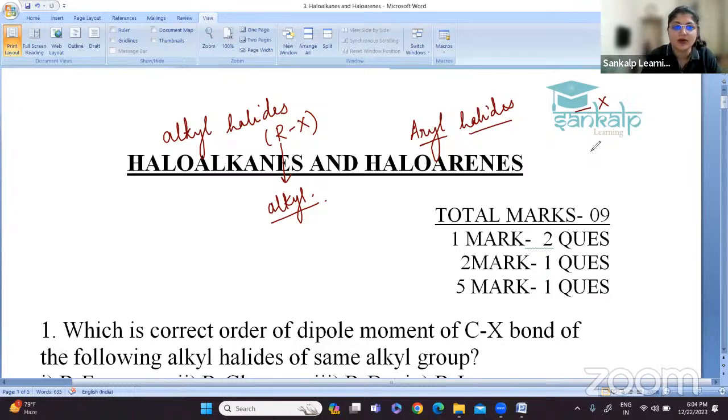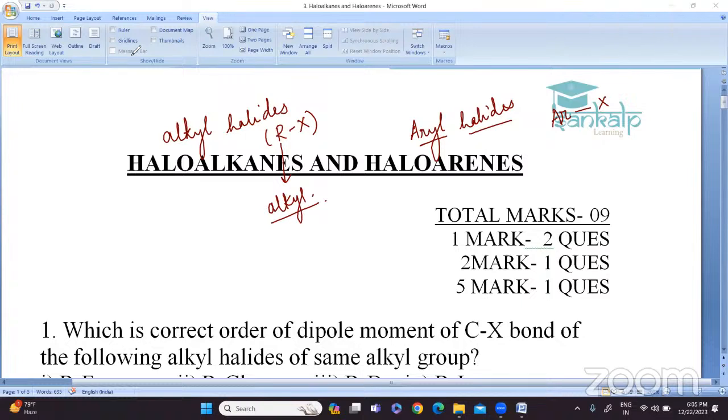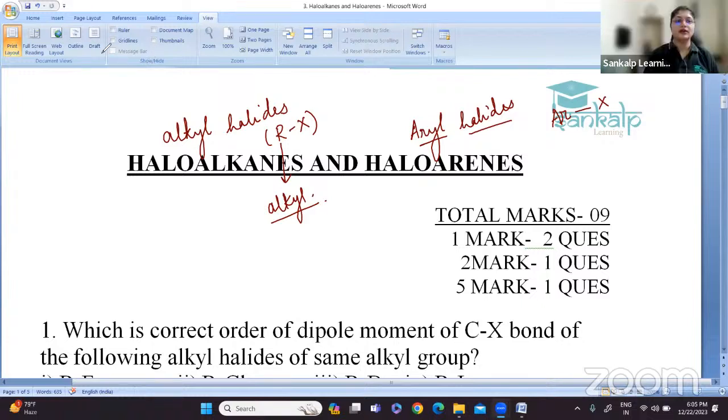So here the halogen atom is attached to an aromatic hydrocarbon in which one or more hydrogen atoms are replaced by halogen atoms.